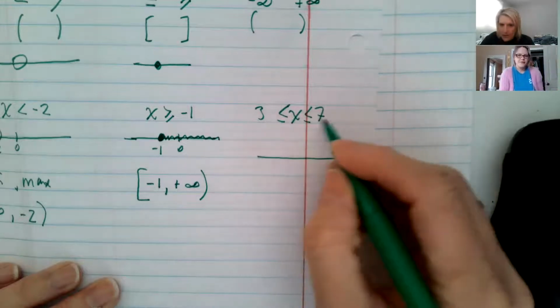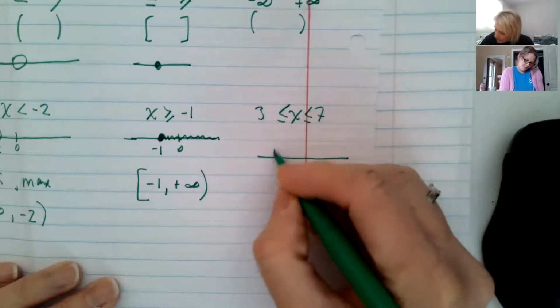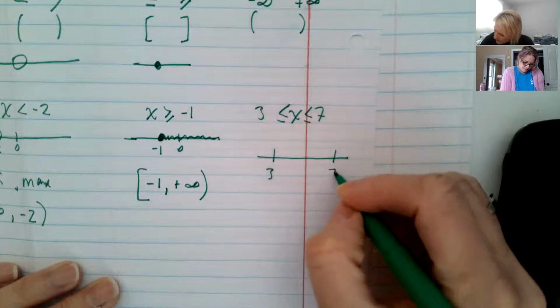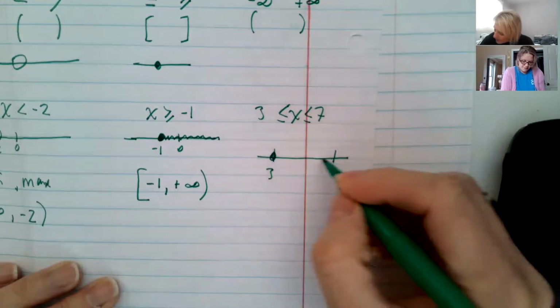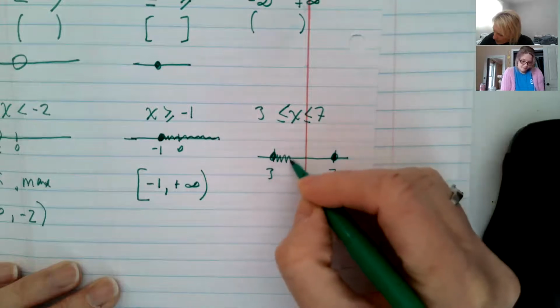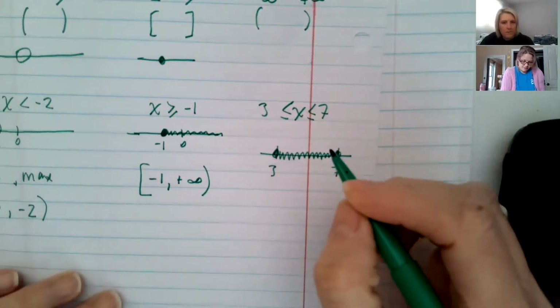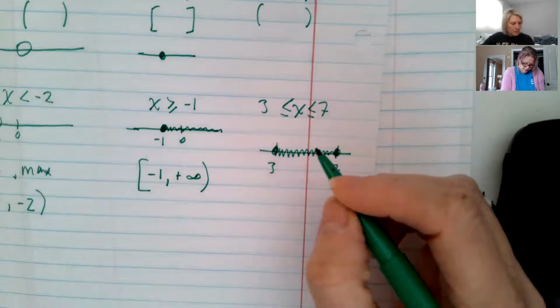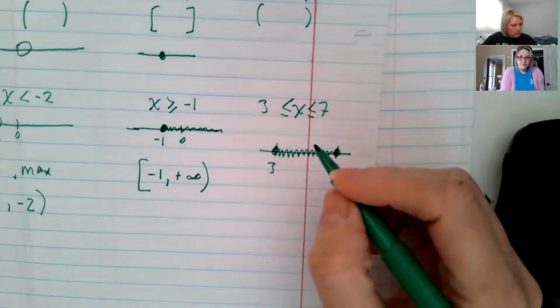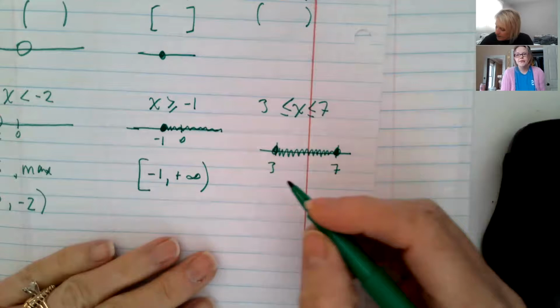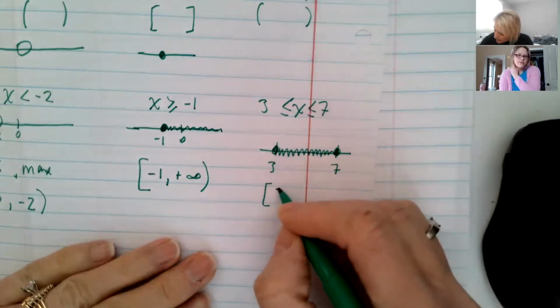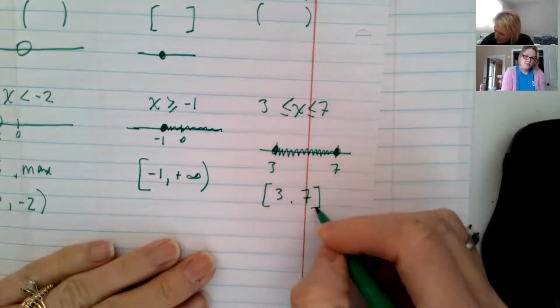Because it's between them and 3 is less than 7, 3 is going to be on the left, 7 is going to be on the right, and they happen to both have equals, so I'm going to shade them, and then I'm going to shade in between. And so my interval is going to be a bracket on the 3, comma, 7, and a bracket on the 7.